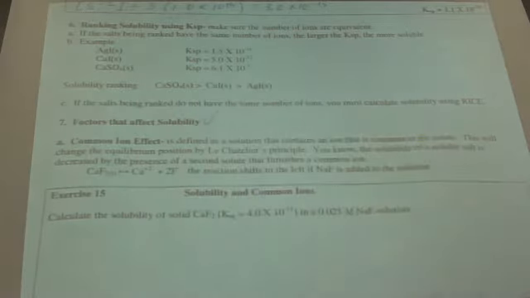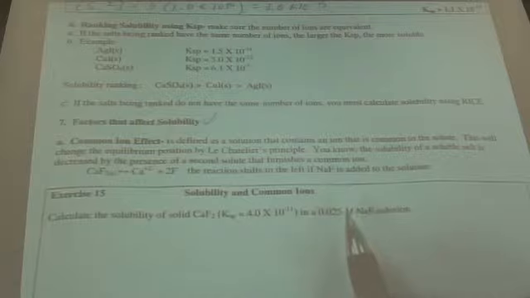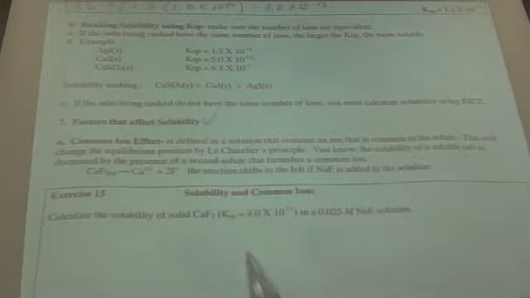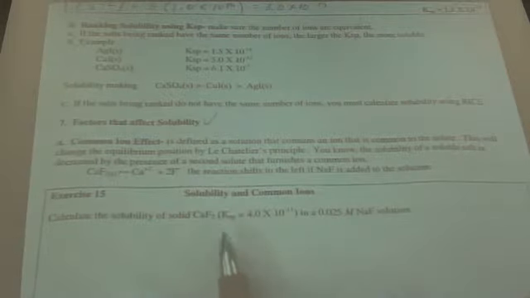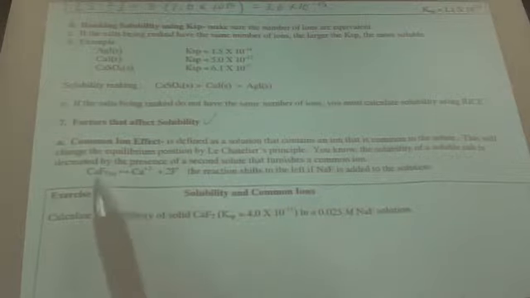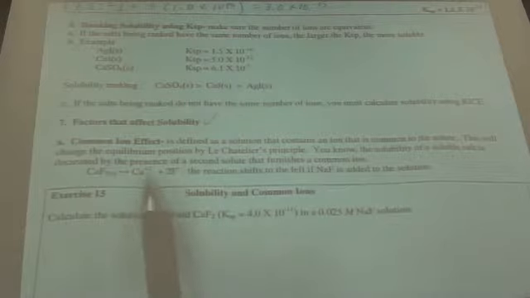There are some factors that affect solubility. The first one we're going to talk about is the common ion effect. You remember common ion? That's an ion that interferes, according to Le Chatelier's principle, with whatever you're looking at. So we have calcium fluoride that dissolves into 1 calcium ion and 2 fluoride ions.